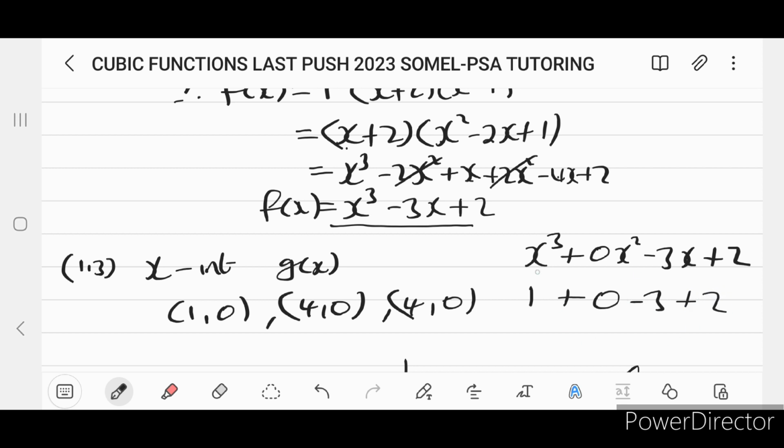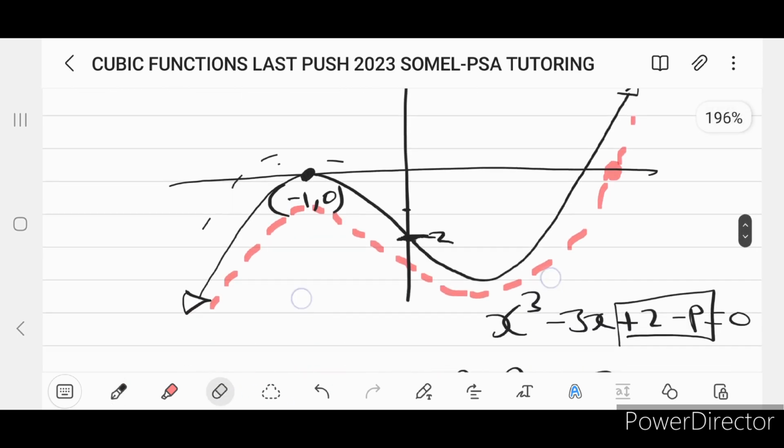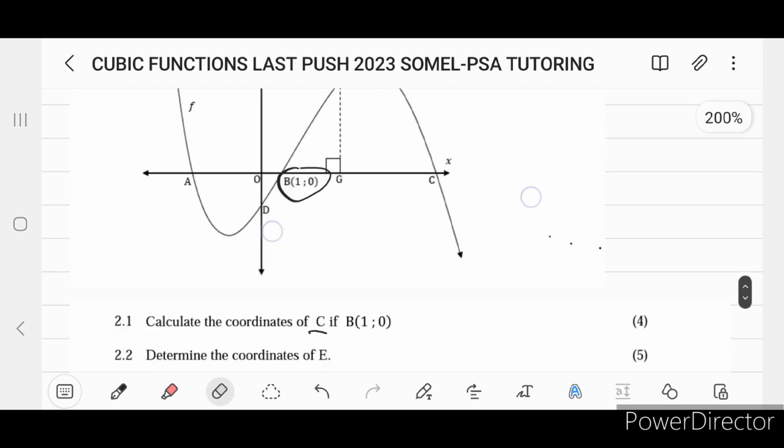That's how I put them in the sequence. It must be x cubed, x squared, then x, then constant. So here I don't have the term that has x squared, it means there's a 0 as a coefficient. So it's very important. Otherwise, you must stick to the method that you know, if you don't understand this one.